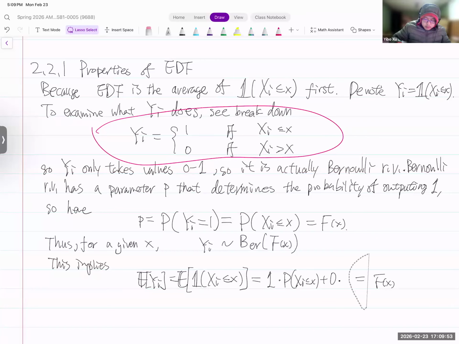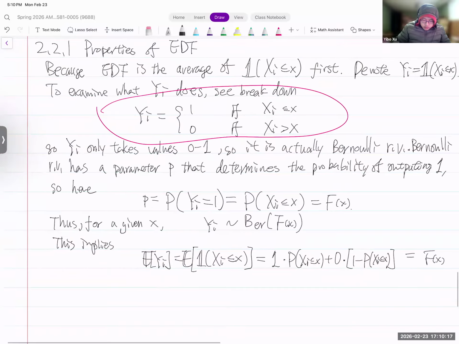I'm writing the second part in a squeezed way because it doesn't do anything, but of course, for completeness.